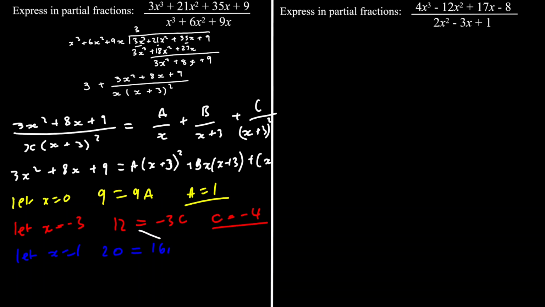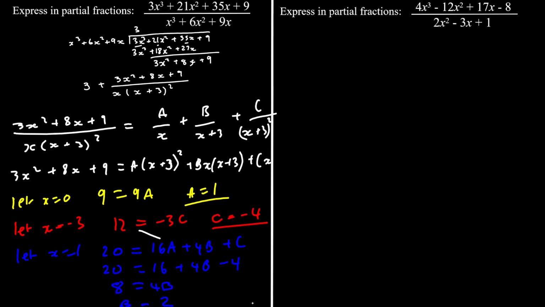16A plus 4B plus C. A is 1. C is negative 4. So that's 16 take away 4 is 12. Take away 12 from both sides. 8 equals 4B.